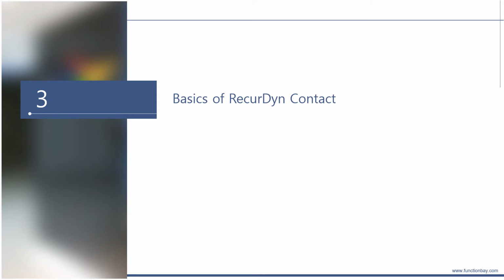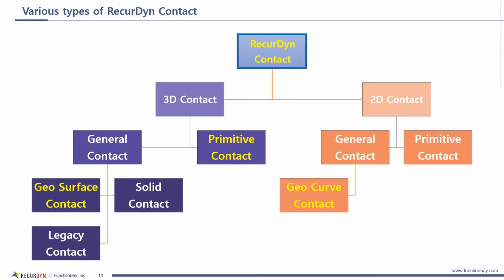Now, let me explain the basics of RecurDyn Contact. Please listen carefully. As will be introduced later, RecurDyn's contact can be divided as shown in this chart. First, it is divided into 3D contact and 2D contact. Then, 3D contact is divided into general contact and primitive contact.